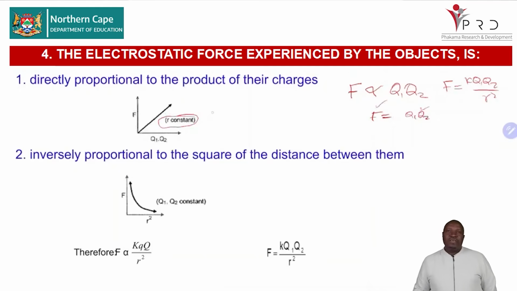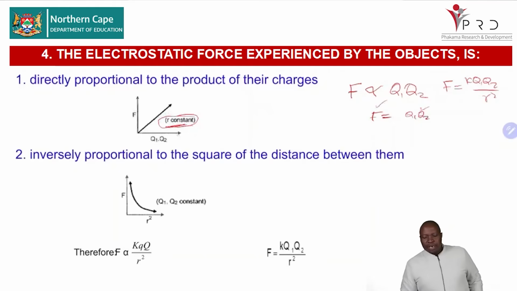Don't forget, provided that R remains constant, which is the distance between the charges. You will understand that as the charges come closer to one another, it will affect the force as well. So hence we are saying let R be constant, so that we can look at the relationship between the force and that one.